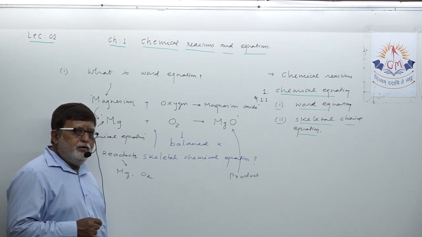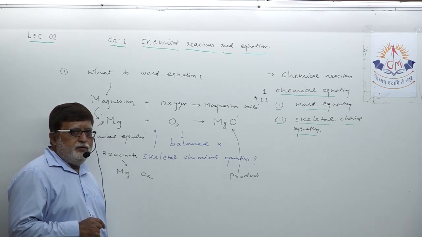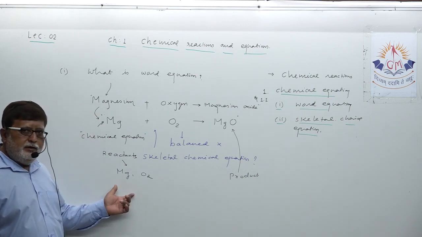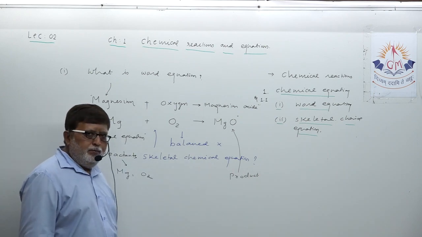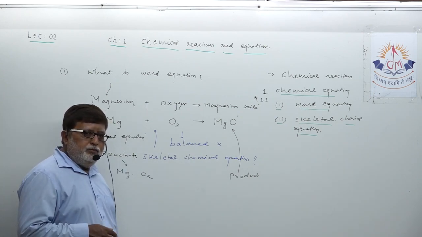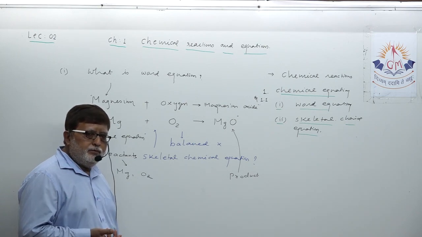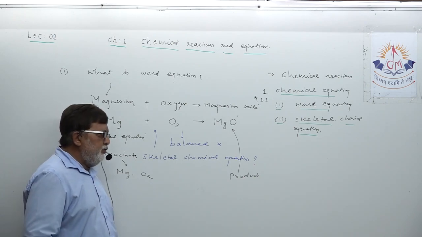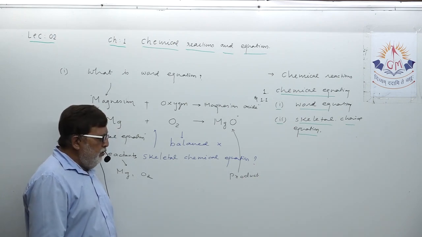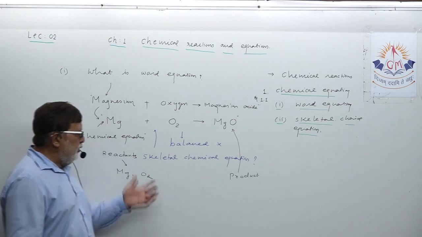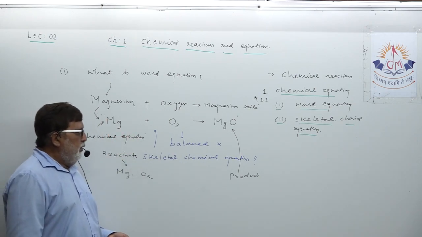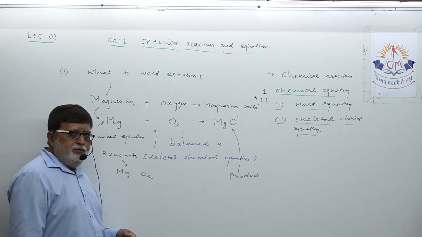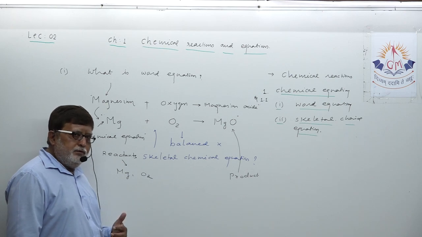So those substances which are participating in a chemical reaction are known as reactants. What are products? Those substances which are formed at the end of the chemical reaction are known as products. In this particular chemical reaction, magnesium and oxygen are reactants and magnesium oxide is a product.